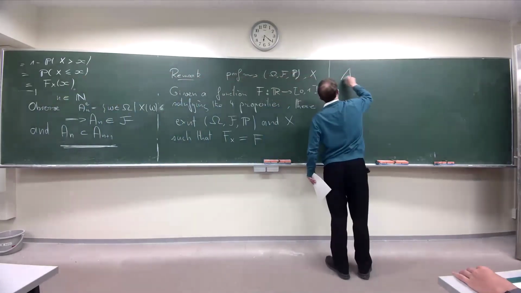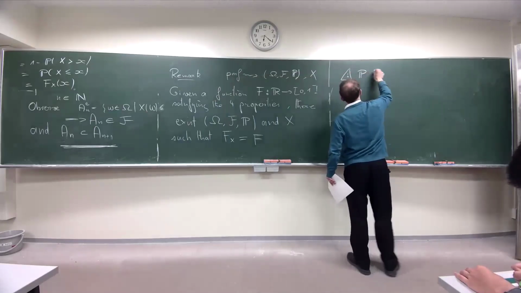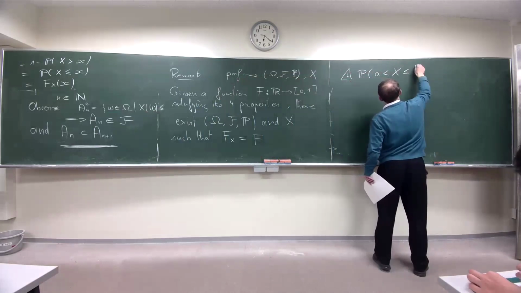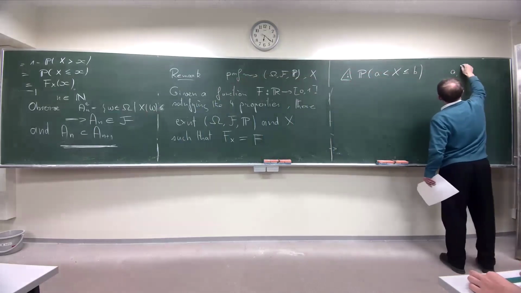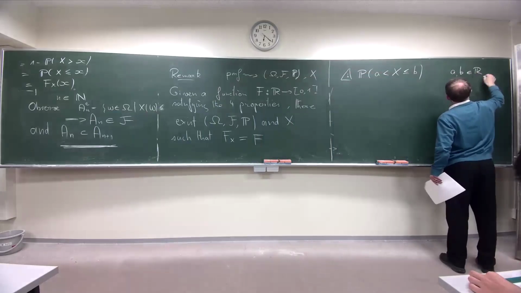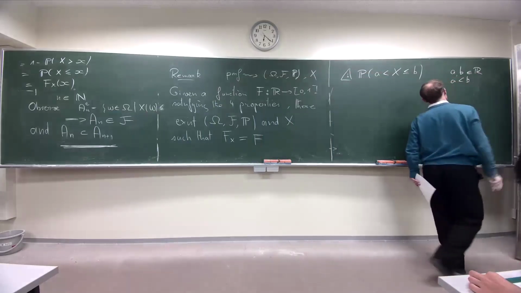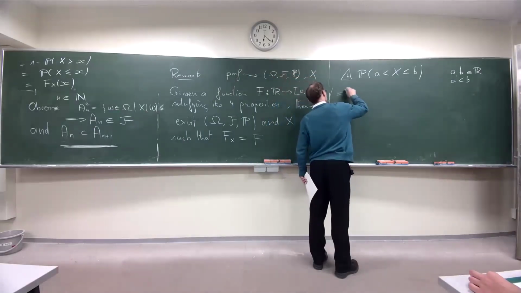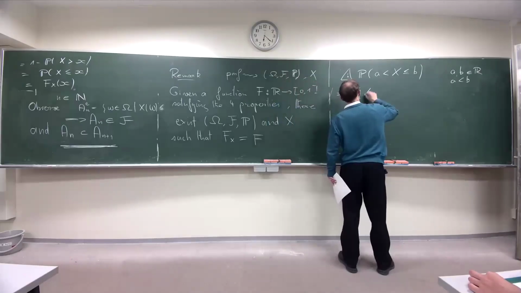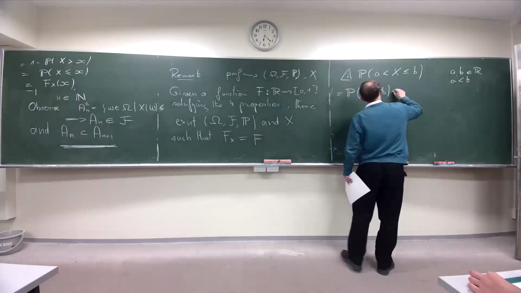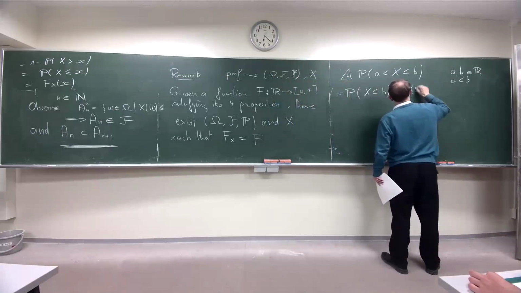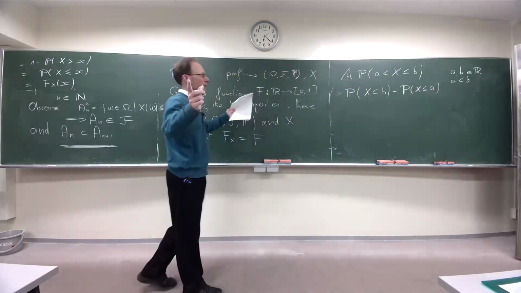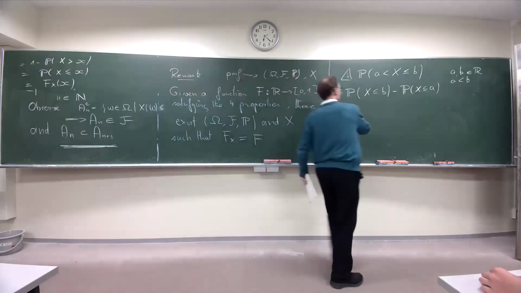If I compute the probability that a < X ≤ b, where a and b are real and of course I assume that a is smaller than b, please observe that this is the same as the probability of X ≤ b minus the probability of X ≤ a.